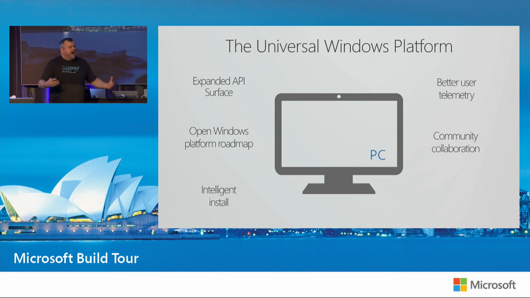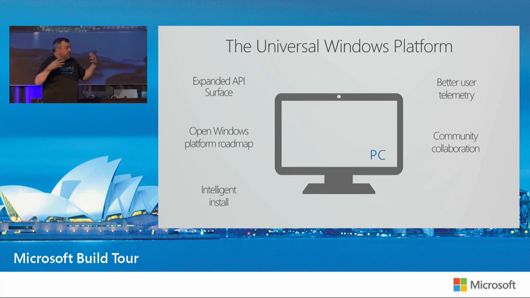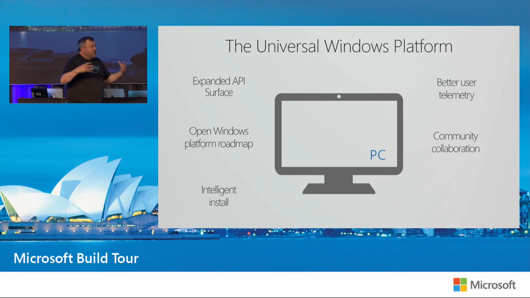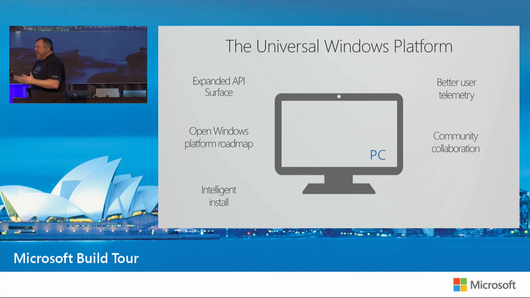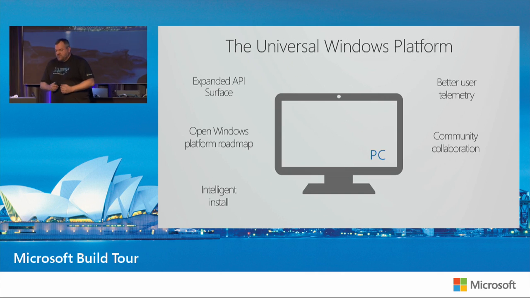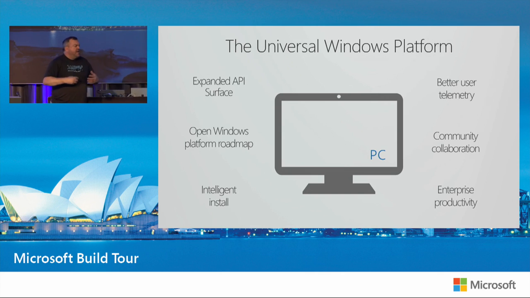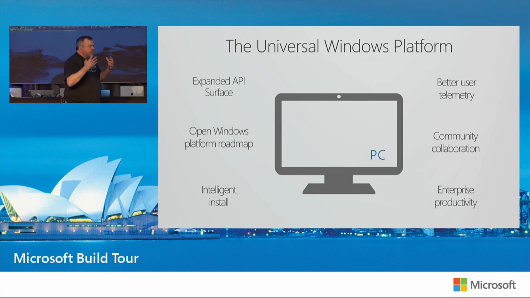This is a toolkit we've been partnering on with about 80 or 90 other Windows developers in the community to create a set of controls, notifications, and services that you can add to your applications to build great Windows apps.